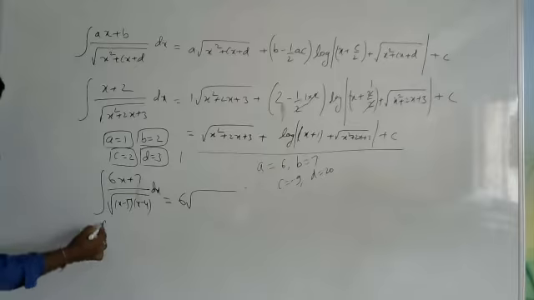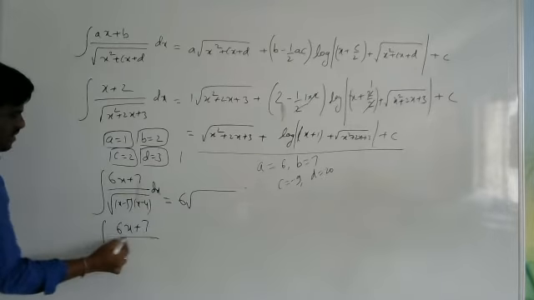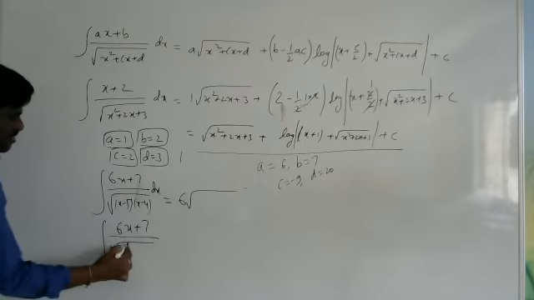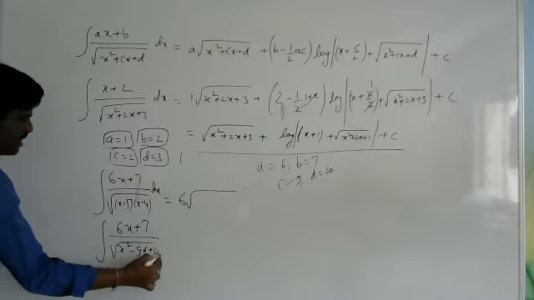So if you simplify this, integration of (6x + 7) divided by the square root of x² − 9x + 20.